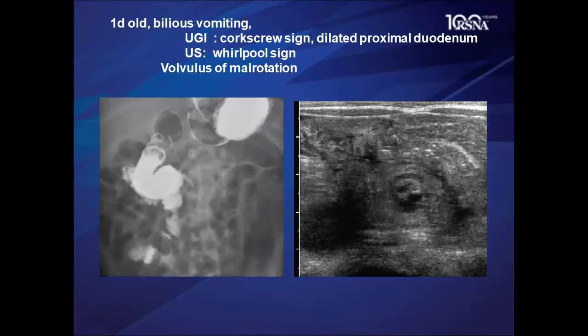Here is another example of a newborn, bilious vomiting, here dilated, and then we have the beginning of a corkscrew sign. There is no normal duodenojejunal location here. On ultrasound we have that whirlpool sign. If you put color Doppler, you will have the vein and the artery in a clear fashion.